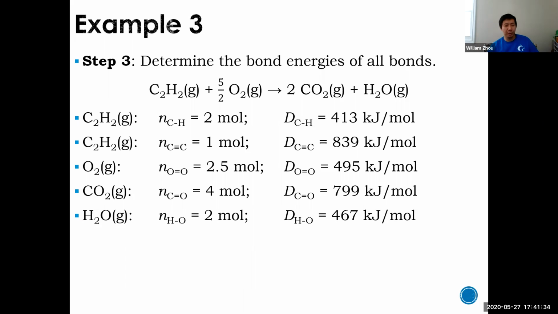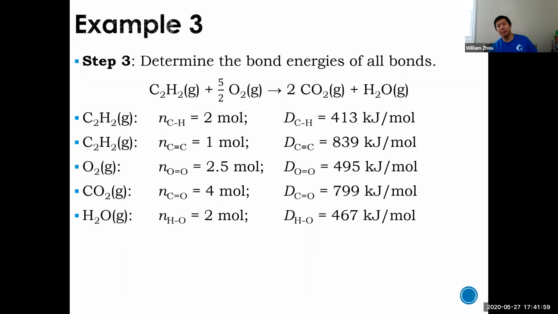So it's 2 times 2, 4 moles of C double bond O. Each of those bonds has 799 kilojoules per mole of energy. Water, well, there are only HO bonds, and there are 2 HO bonds per water. That is 467 kilojoules per mole.